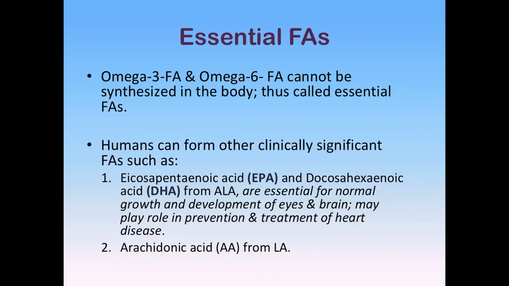They are very important for the growth and development of the eyes and brain, and may also have a role in prevention and treatment of heart disease. Also, we have arachidonic acid, which is made from linoleic acid.